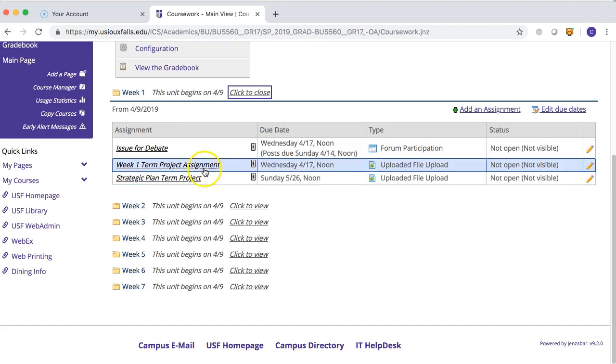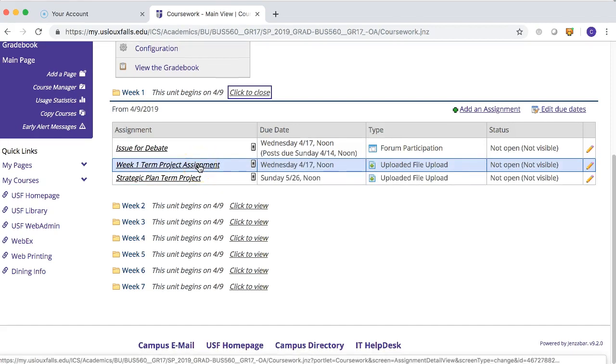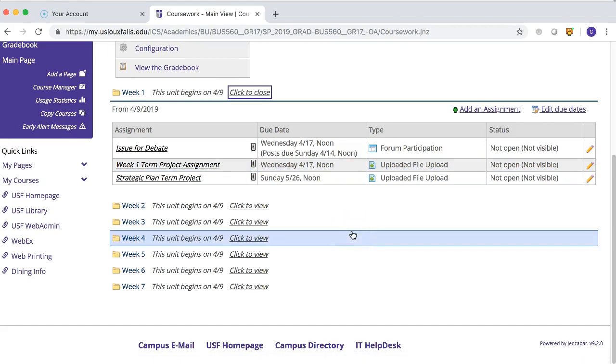So basically, this term project assignment is your first assignment. It's due next week, or a week from Wednesday the 17th. And essentially, that will be the equivalent of a chapter in your final strategic plan project.